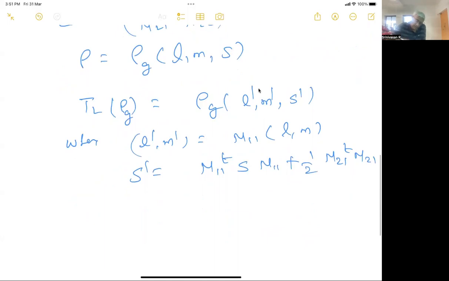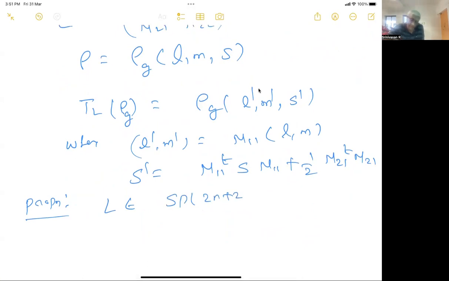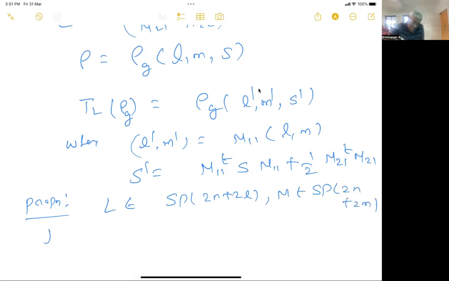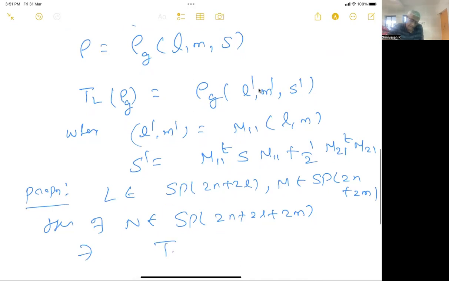Now the following proposition, which is just some nice property. If L is in SP 2n plus 2l, and M is in SP 2n plus 2m, then there exists an N in SP 2m such that TL composed with TM is just TN.